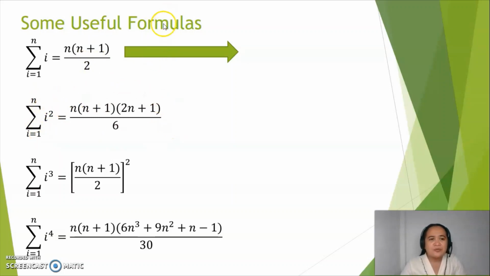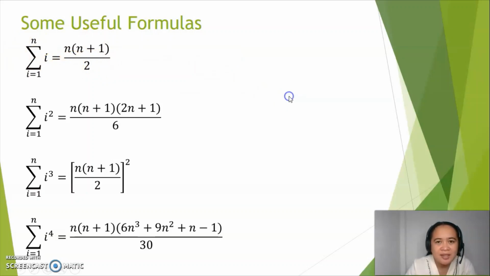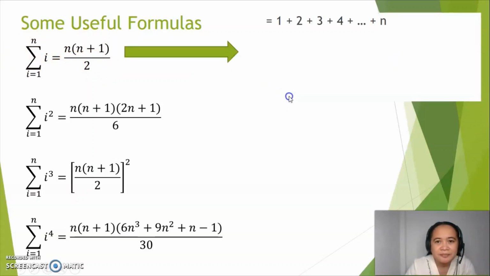So let's prove how the first formula is obtained. So let's have this summation of i. So that would mean 1 plus 2 plus 3 until n. Or we can have this as n times n plus 1 over 2.